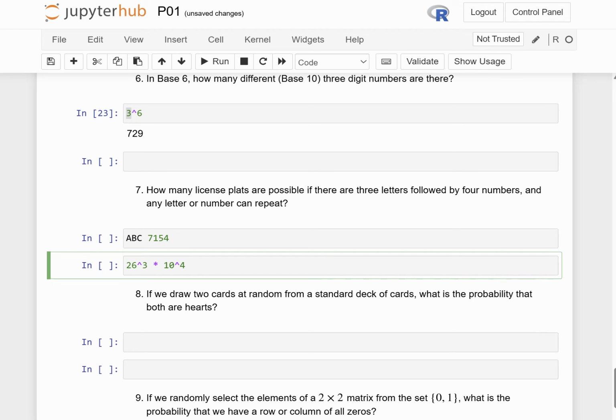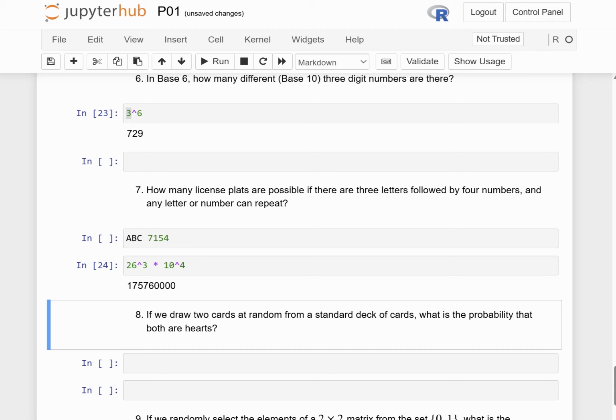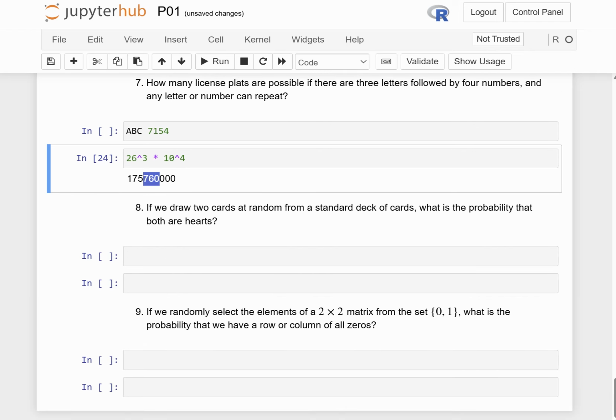So this is where we're drawing with replacement, and we can use powers to determine that there are 175,760,000.